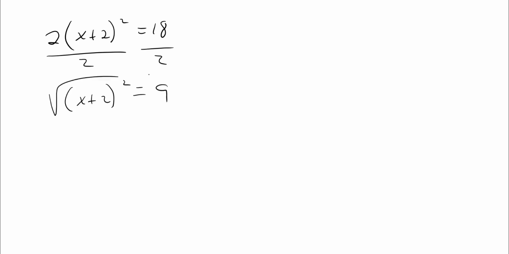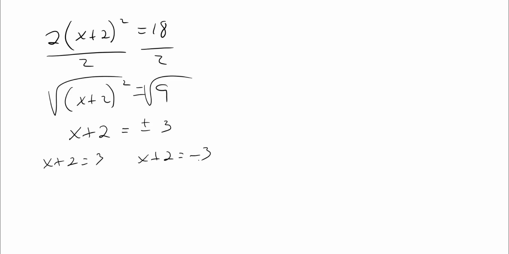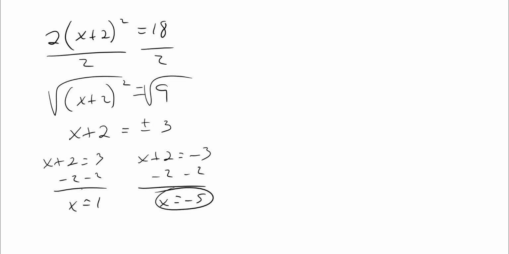And then I'm going to take the square root of both sides. So x plus 2 equals plus or minus 3. We have two answers. x plus 2 equals 3, and x plus 2 equals negative 3. Okay? And then you solve each one of these. So subtract 2, x equals 1. Subtract 2, x equals negative 5. So there are your two answers.